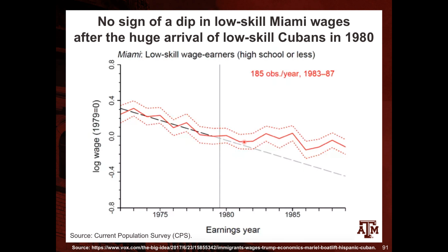So it was actually good for their earnings. There is no sign of a dip in low-skilled Miami wages after the huge arrival of low-skilled Cubans in 1980. In this specific case, this subgroup of the population allows an analysis that has 185 observations per year between 1983 and 1987, this period after the Mariel Boatlift event.